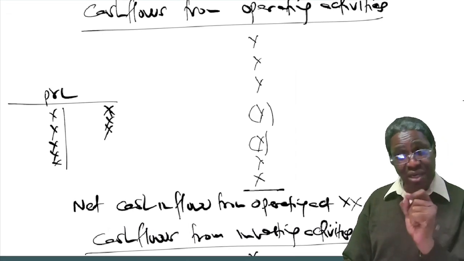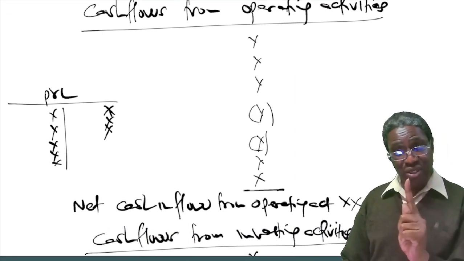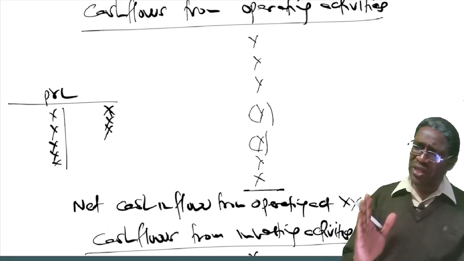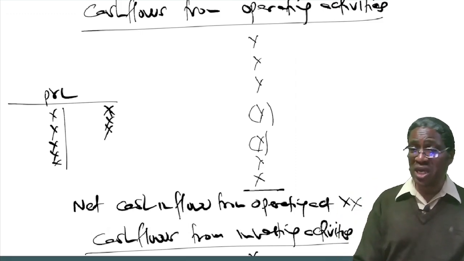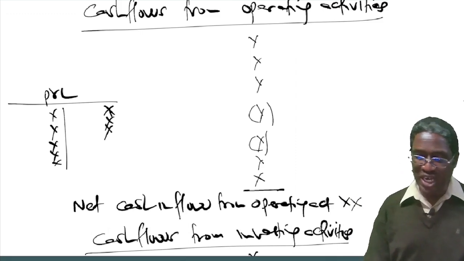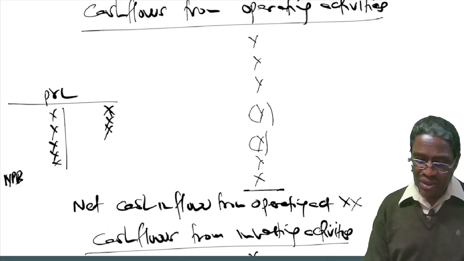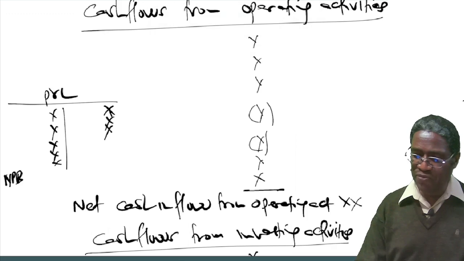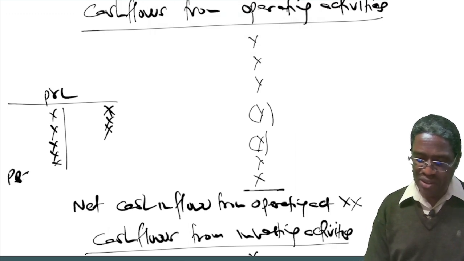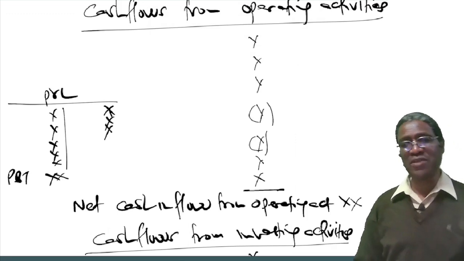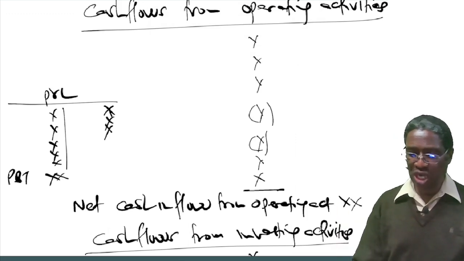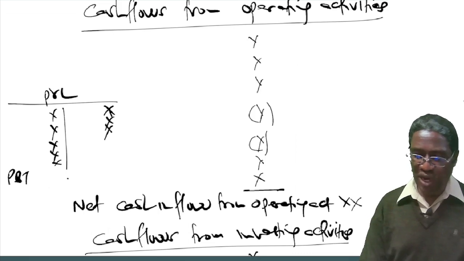Then you compare the credit side with the debit side and you get the net profit, we can just call it profit before tax. Let me assume you got a profit before tax of 100 million here.